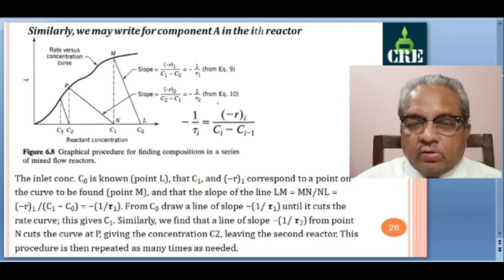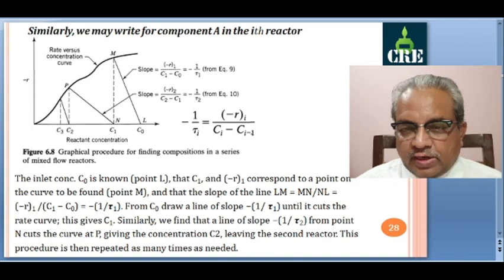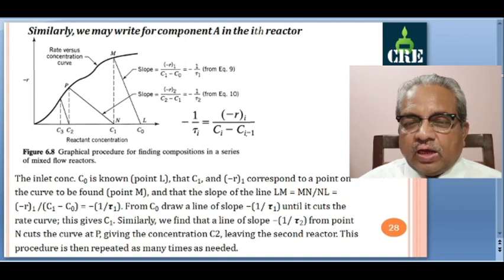Now we will see with respect to this RC curve, this is rate, minus RA or minus R. This is CA or C. So C0, C1, C2, C3, or you can write as CA0, CA1, CA2, CA3. Now you know for the ith reactor, 1 upon tau i you can write as minus R for i, and this will be ith reactor concentration and concentration coming out from the i minus 1th reactor, previous to the ith reactor.